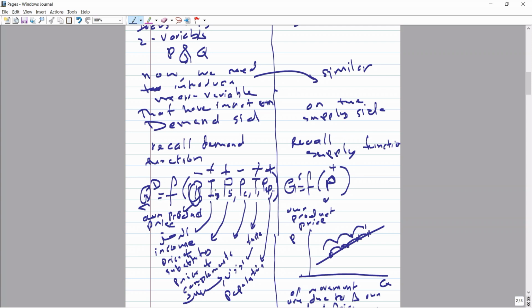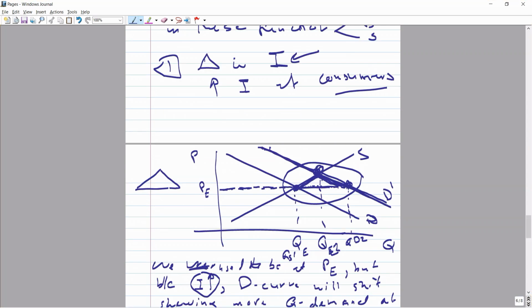If consumers have more income, this will make them demand more because their willingness to pay will be higher. So this will lead to a shift in the demand curve to the right.